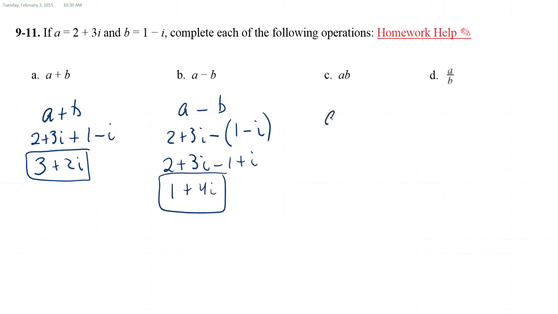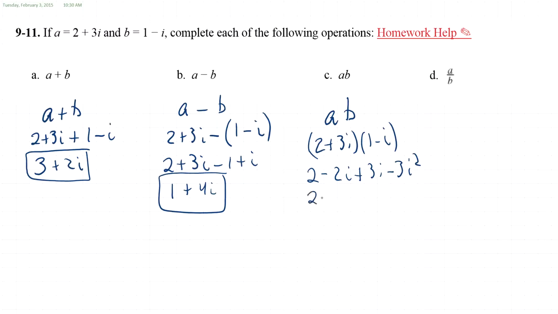And then we get a times b, and then we get 2 plus 3i times 1 minus i. And so now we have to multiply, so 2 times 1 is 2, 2 times negative i is negative 2i, 3i times 1 is plus 3i, and 3i times negative i is minus 3i squared.